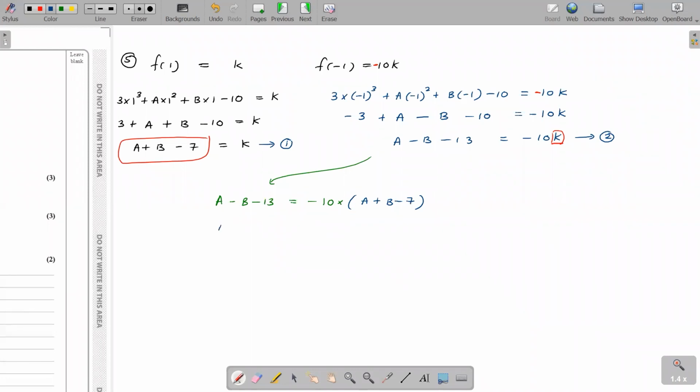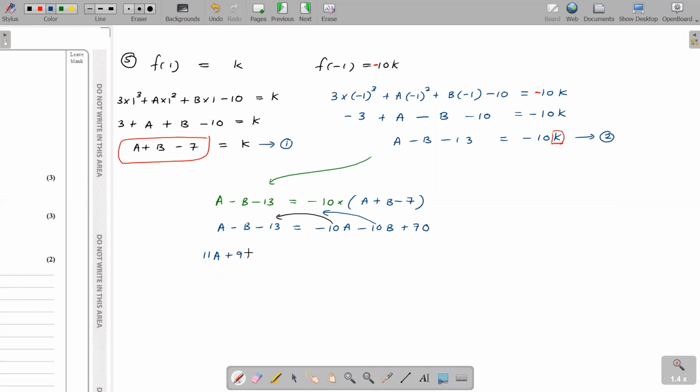Let's work on it. a minus b minus 13, minus 10 into a is minus 10a, minus 10 into b is minus 10b, minus 10 into minus 7 is plus 70. So take the 10a here, minus 10a comes as plus 10a, plus 1a is plus 11a. Plus 10b minus 1b is, how much is it?